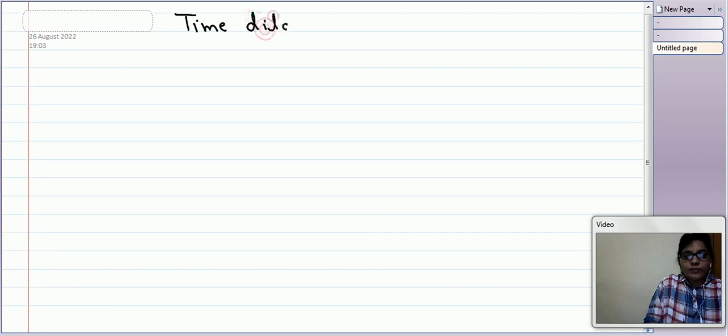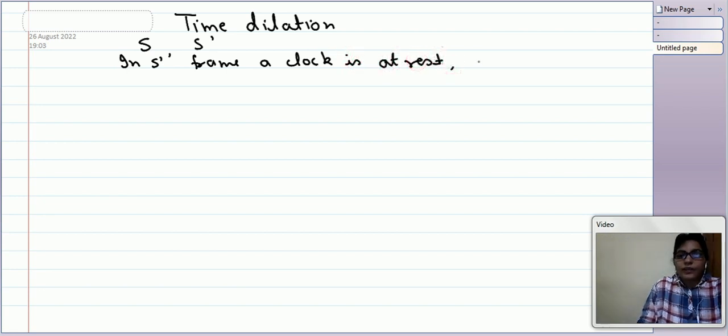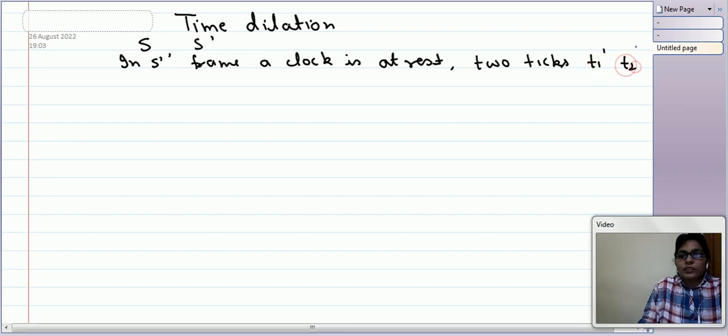Again we will choose two similar frames of reference, S and S dash, and let us say in S dash frame a clock is at rest, and there is a time interval between two ticks at t1 dash and t2 dash.